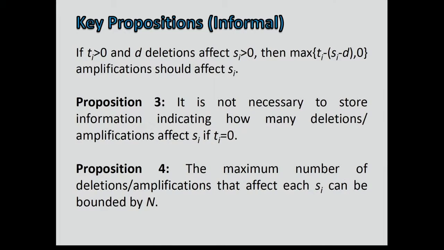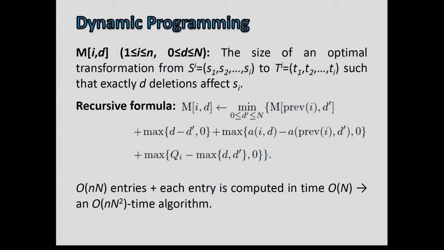And finally, our fourth proposition states that the maximum number of deletions and amplifications that can affect each Si can be bounded by N, where recall that capital N is the maximum copy number in the input. Now, by using these propositions, we can obtain a recursive formula that naturally leads to the development of a dynamic programming-based algorithm.